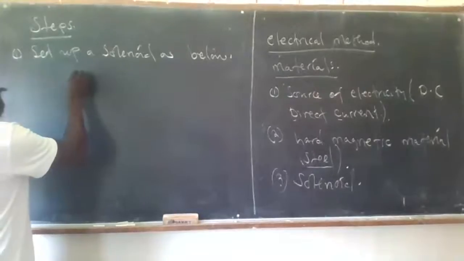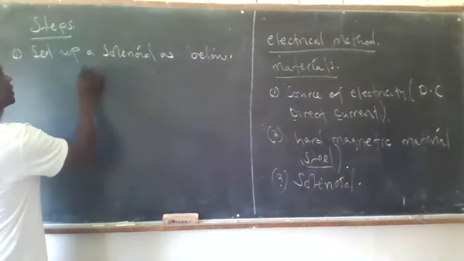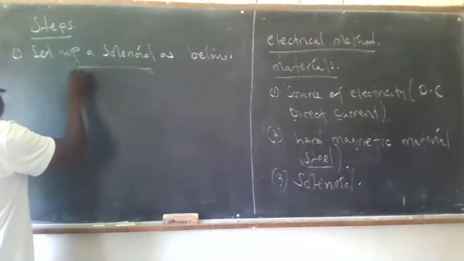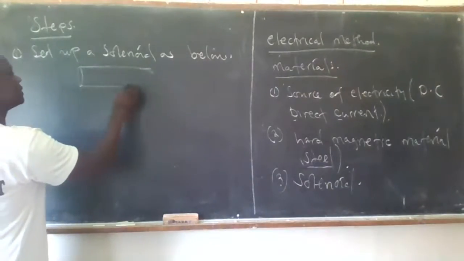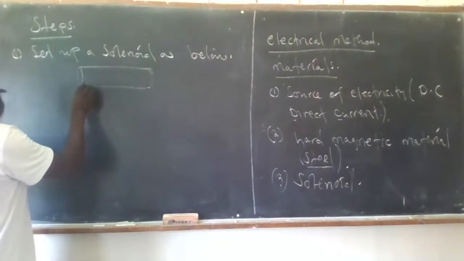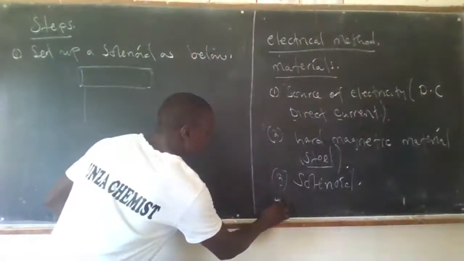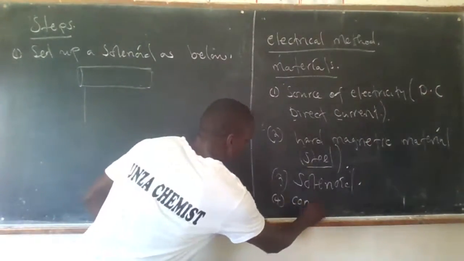A solenoid, I say, is a cylindrical winding of insulated copper wire. So we're going to have a cylindrical arrangement. So that means we're going to have this, which is a wire. Or maybe the first thing here that I can include is a connecting wire.